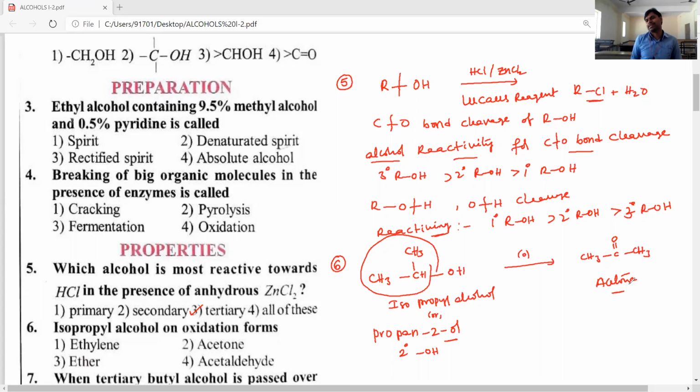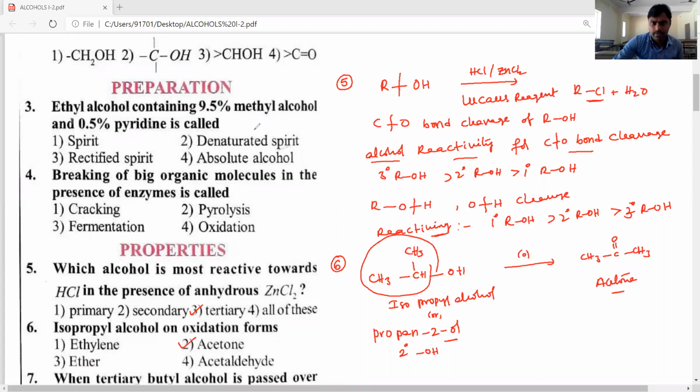Secondary alcohols, with either a mild or strong oxidizing agent, are converted into ketones only. The difference comes with respect to primary alcohols only. That type of question also comes in further questions. For the sixth question, isopropyl alcohol is a secondary alcohol, and on oxidation produces propanone, or its common name acetone. So the answer is the second option.